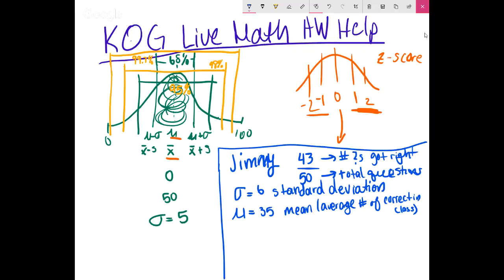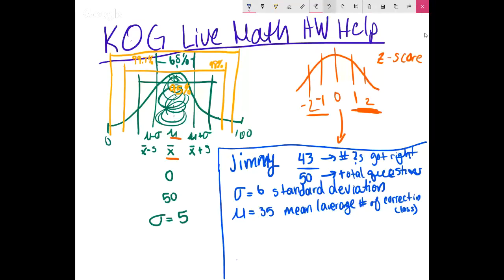All right. So let's set up a normal distribution real quick. Okay. So the mean is in the middle. And actually it doesn't even look like this, because oh yeah, never mind. There were 50 questions on the test, so it doesn't look like what I just drew.